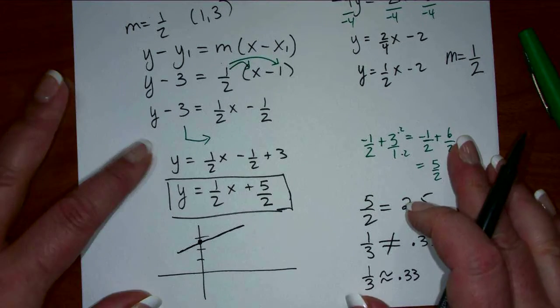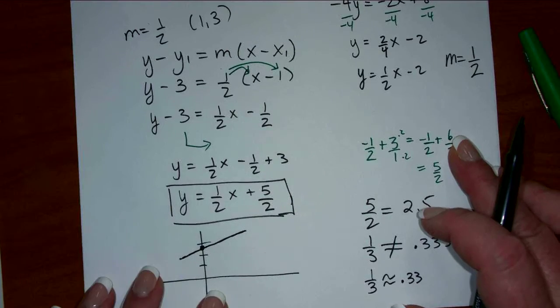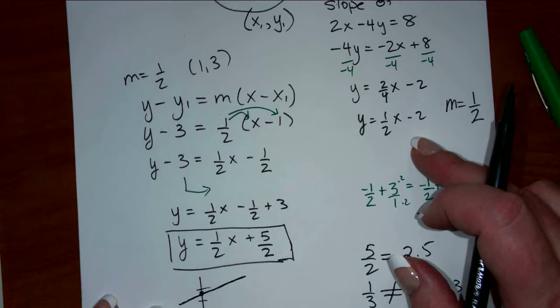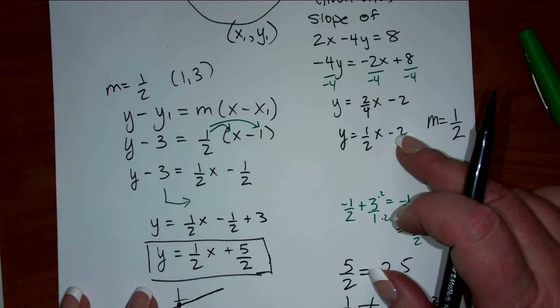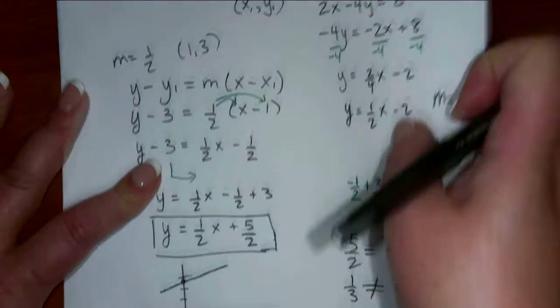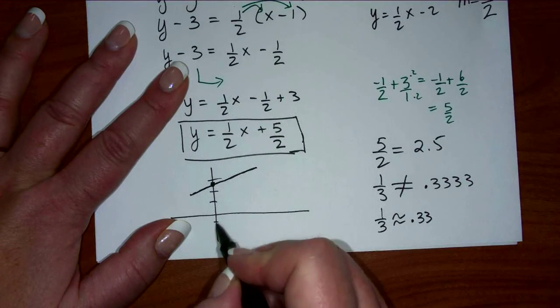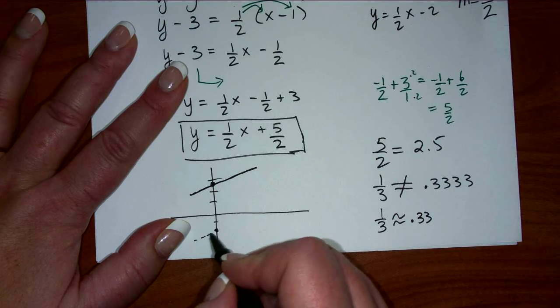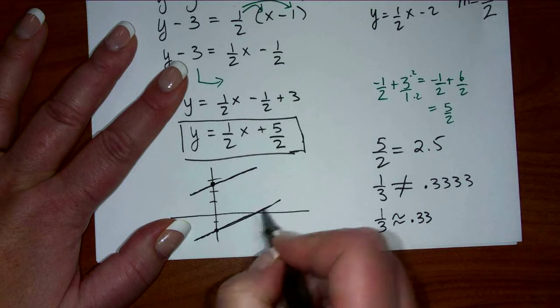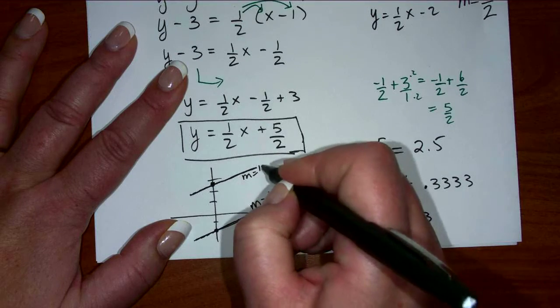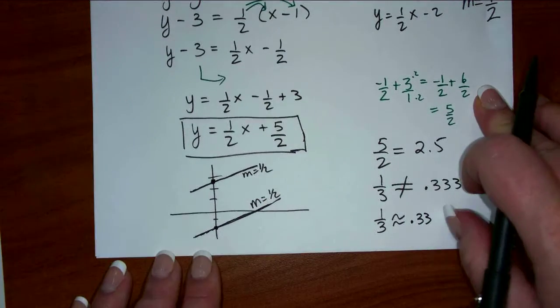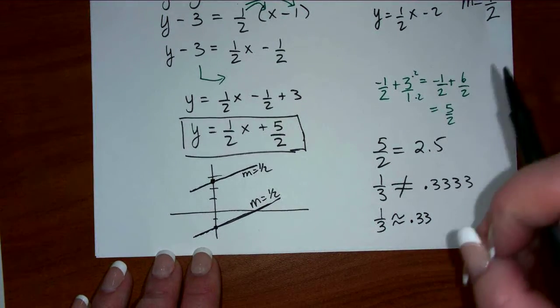And the other line up here, what was the y-intercept? -2. So this one was 2.5 and the other one was down here. But they're the same steepness. They both have the same slope.